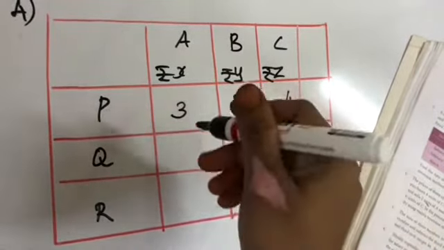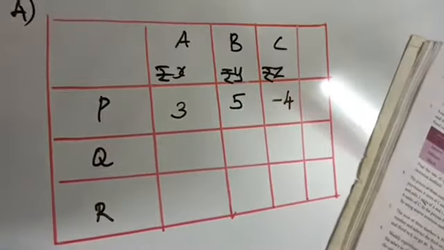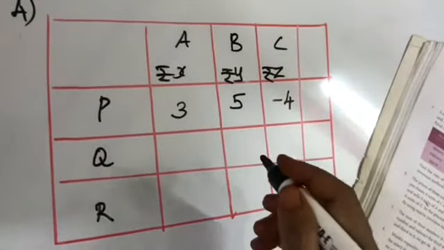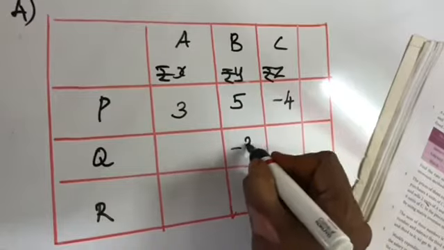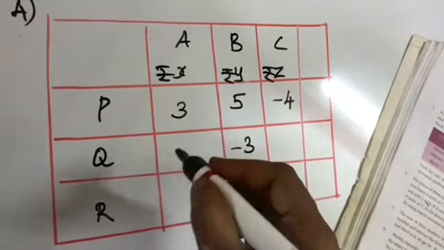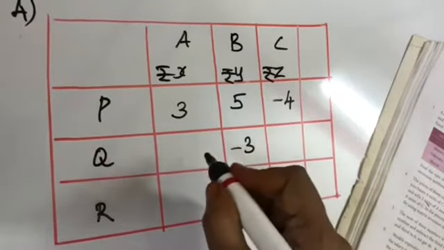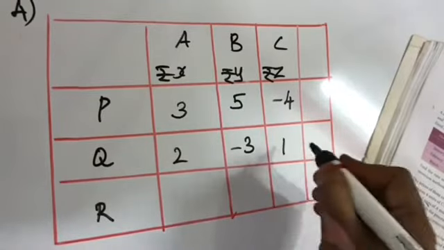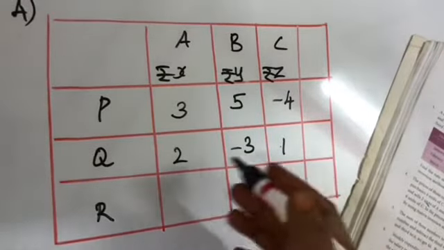Similarly, Q purchases 3 units of B, so it is negative, and sells 2 units of A and 1 unit of C. These two are positive.